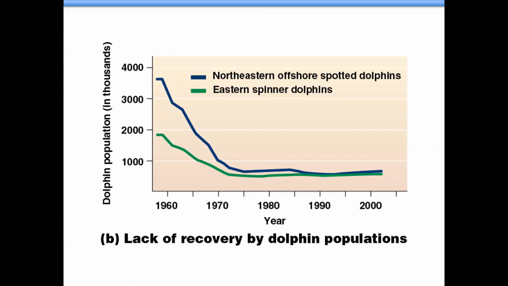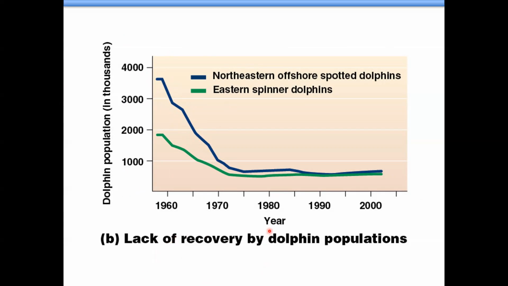Unfortunately, though, this has not resulted in a recovery of dolphin populations. So here, similarly, we have dolphin populations on the y-axis, year on the x-axis. So you can see in the 60s and 70s when we had those severe issues with bycatch, you can see huge declines in dolphin populations.